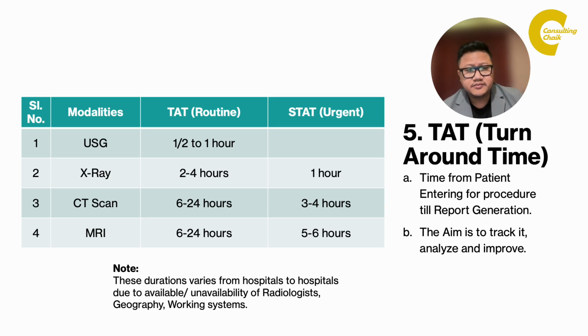Routine procedures may take 2 to 4 hours, and urgent ones may take 1 hour. For CT, it varies from 6 to 24 hours, and in urgent cases it can be as short as 3 to 4 hours. For MRI, again 6 to 24 hours, and for urgent cases, 5 to 6 hours.